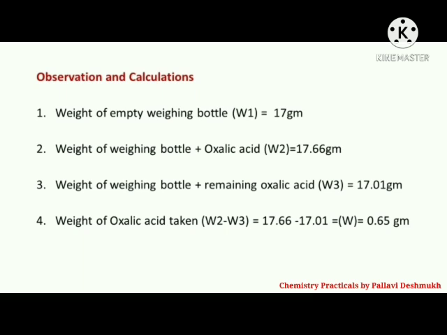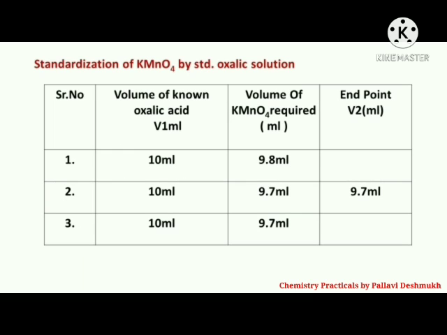So the weight of oxalic acid taken is 17.66 gram minus 17.01 gram, which is 0.65 gram. This table shows the volume of KMnO4 required. 9.7 ml of KMnO4 is required for titration of 10 ml of standard oxalic acid solution.